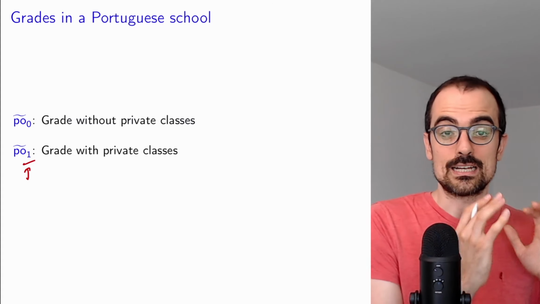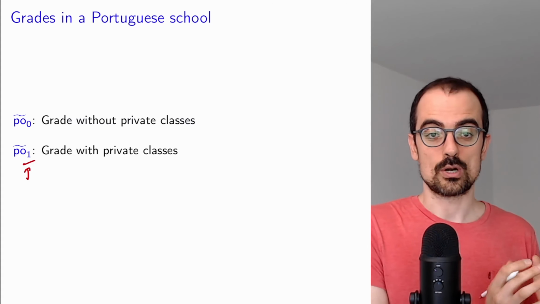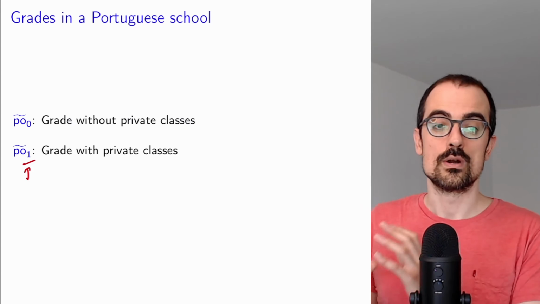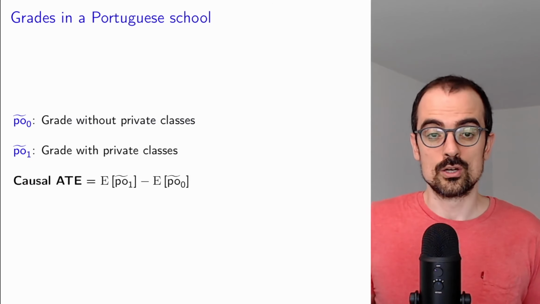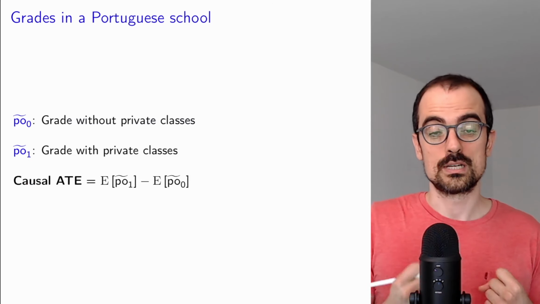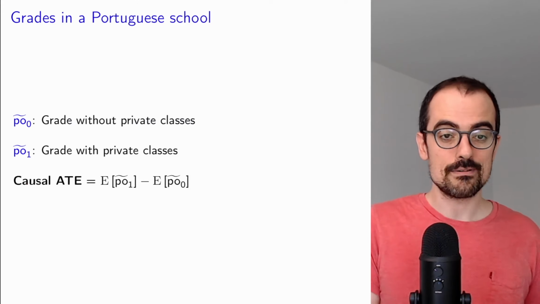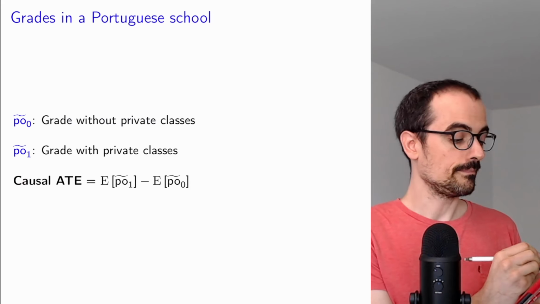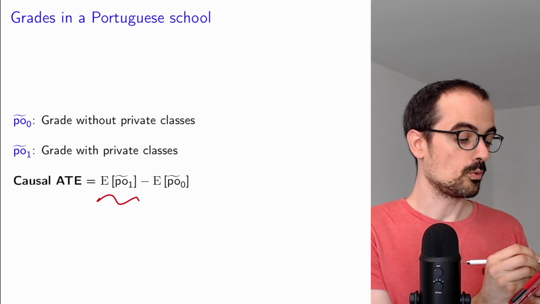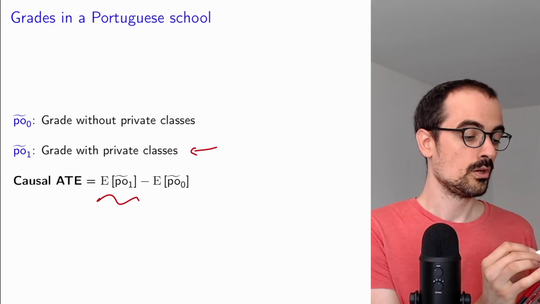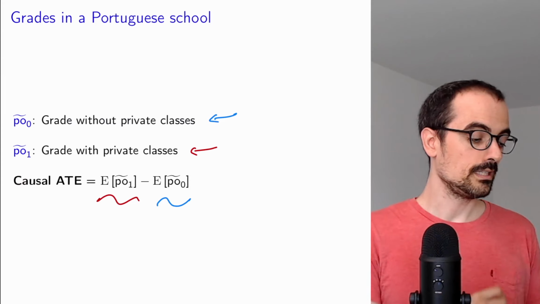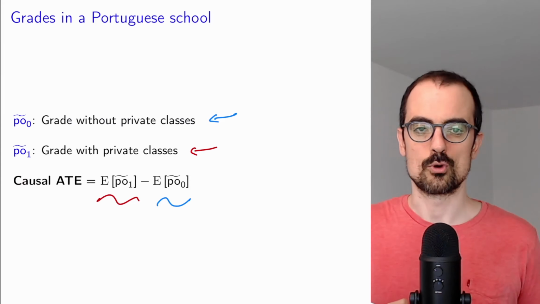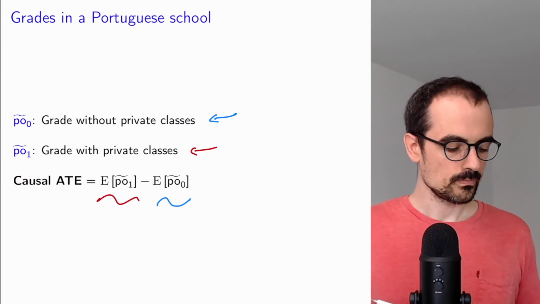Again, it's as if we had a reality where everyone was receiving private classes and another reality where no one was receiving private classes, and then we can compute the causal average treatment effect by just comparing the mean of the grades in the alternative reality where everyone is taking private classes with the mean of the grades in the alternative reality where nobody is taking private classes.